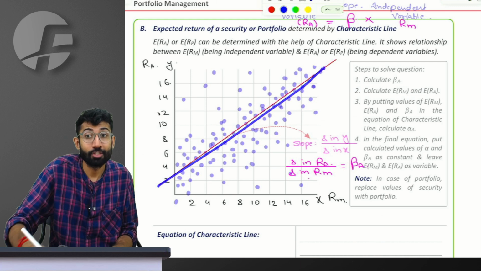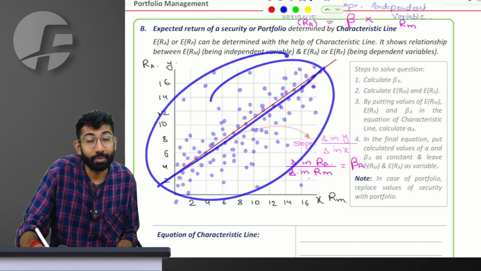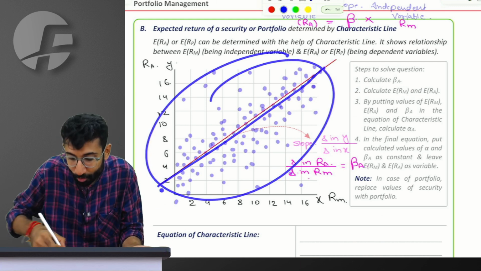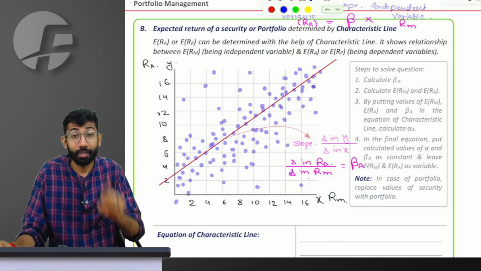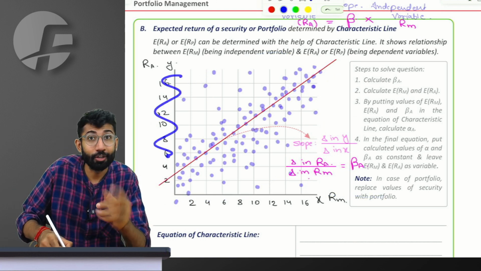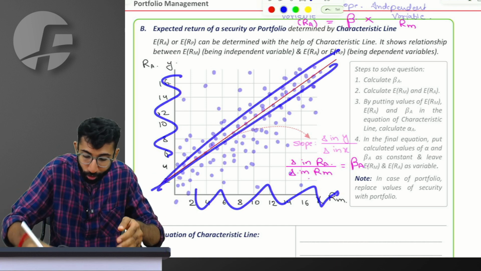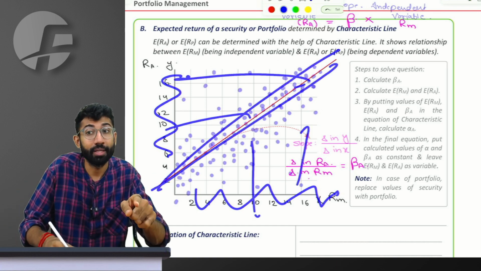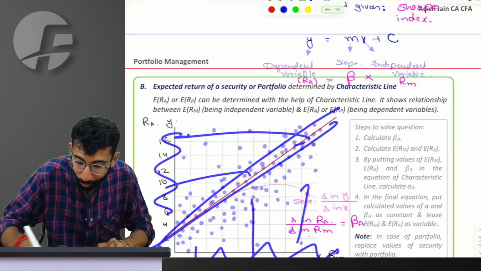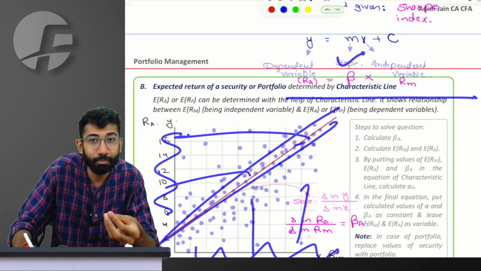The answer is yes, so that you don't have to mug it up and so that you are able to understand what is going on and what this equation is for. As I said, you want to predict the return of a security based on the return of market. For that, not every time you have to draw a graph and do the calculation as I was doing. No, you can make this equation. In this equation, put the number of beta.